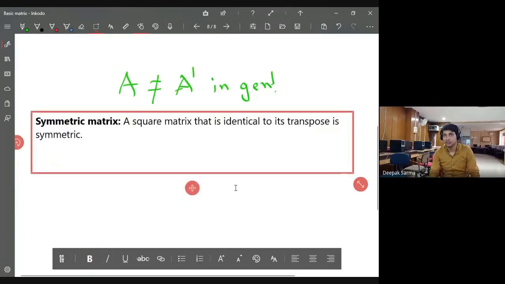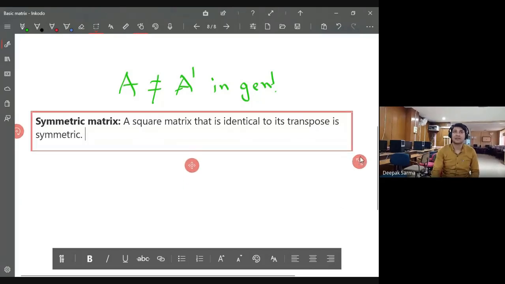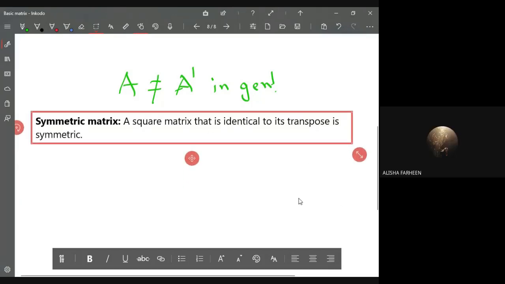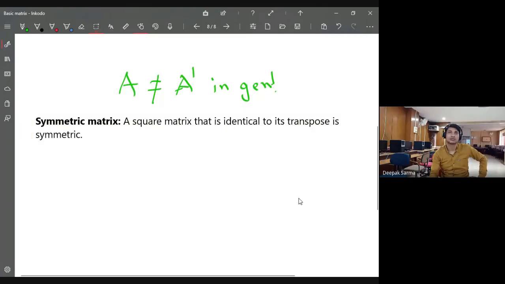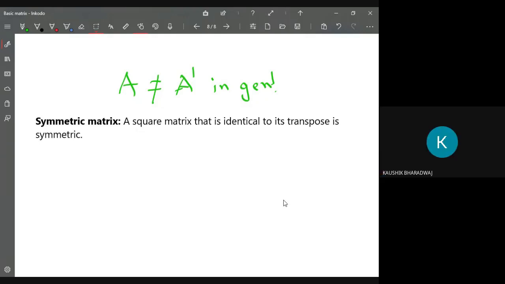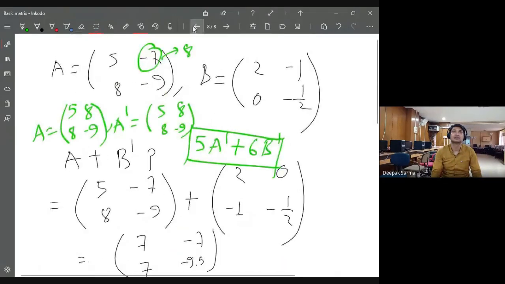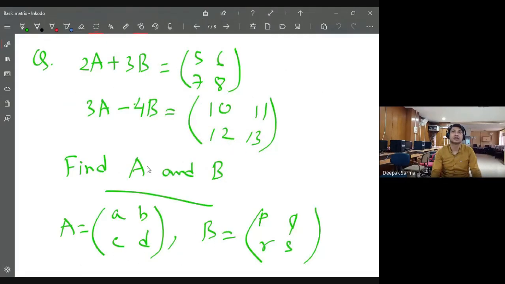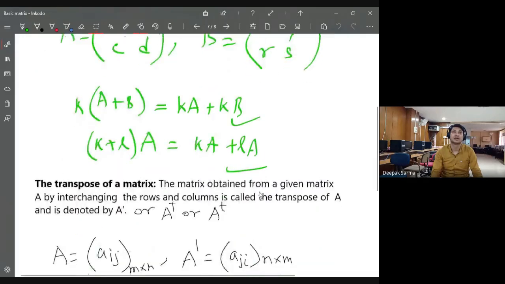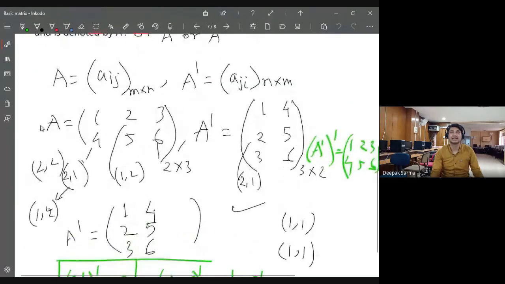So the first condition, what is the condition here? I have written the matrix must be square. Why so? Can you give me the justification? Why must the matrix be square? Any justification? Sir, otherwise the orders will be different. Okay. Here A is this one, A transpose is this one.